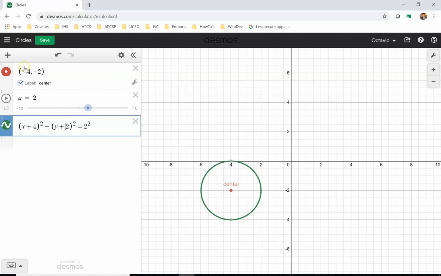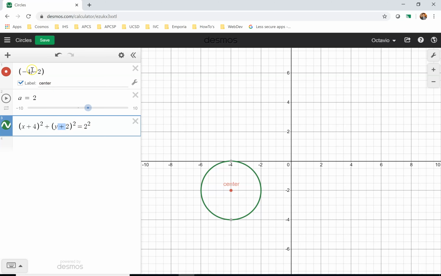And so when the coordinates of the center are negative, in the formula itself, it becomes a plus instead of a minus. And so I guess a good way to think of this is when this is positive, you're going to the left. When this is positive, you're going down. And when it's negative, you're going to the right. And when it's negative, you're going up.